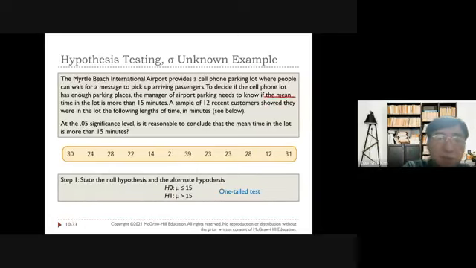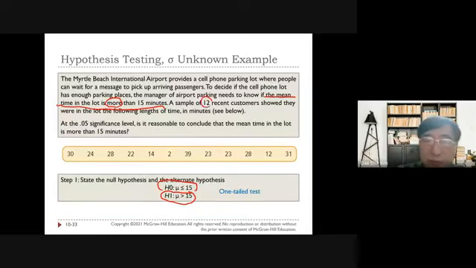The research question is this one. Mean time in the lot is more than, the most important word is more. So the alternative is like that: population average mu could be bigger than 15. The null hypothesis is no, it is not bigger, less than or equal to 15.